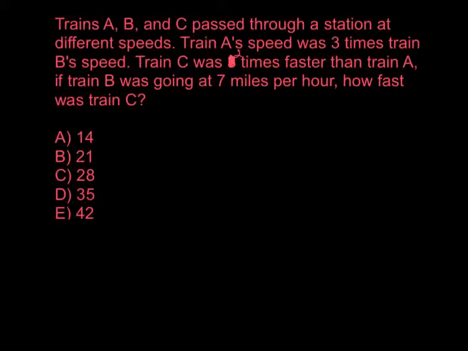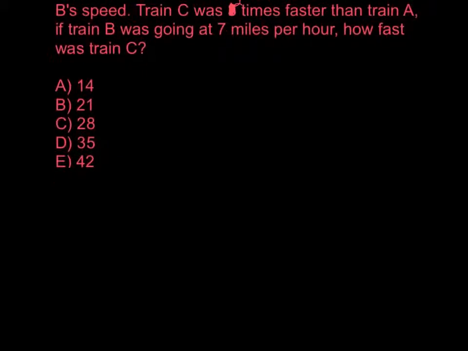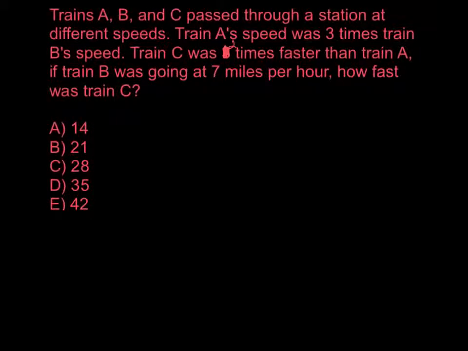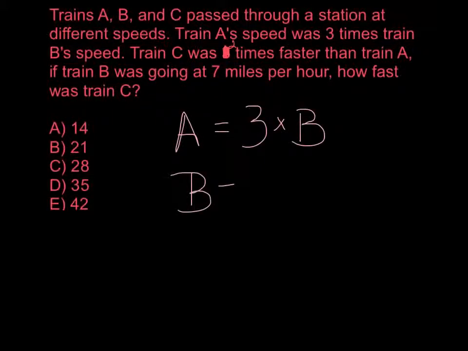I really like these types of problems because you have to think about them. The best way to do this is to make 3 different equations since we have 3 different unknowns. The first equation we could make is this: we know that train A is going at 3 times the speed of train B, so we could write this as A equals 3 times B. We don't know what B is right now.